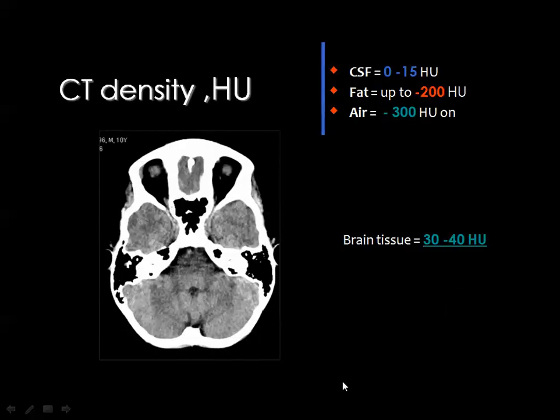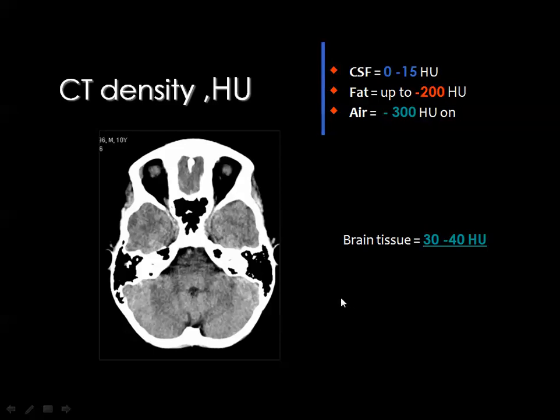Then why does the lesion appear hypodense or hyperdense? This is related to what is known as the CT density or the attenuation value, and this attenuation value is measured in Hounsfield units. And you know that Hounsfield was the British physicist who introduced the CT machine in the late 70s.